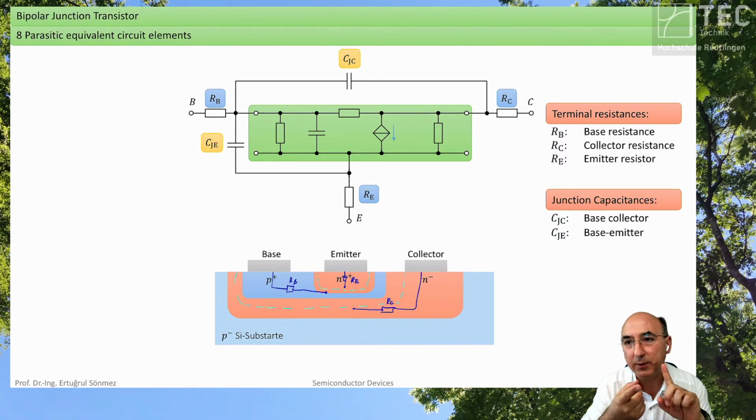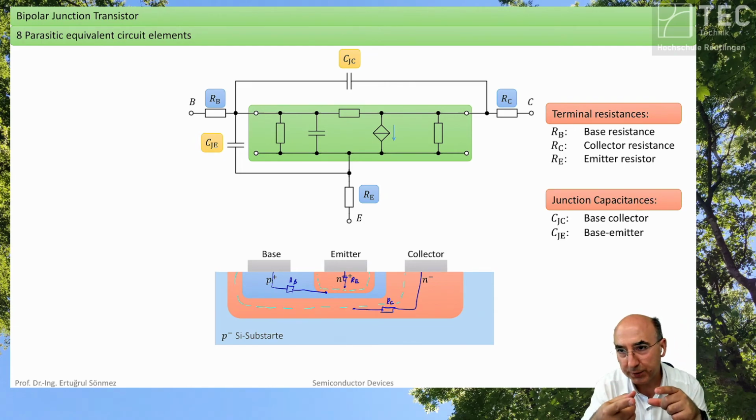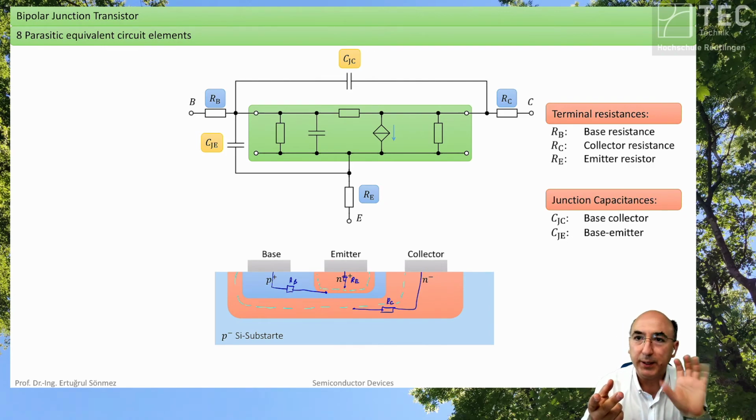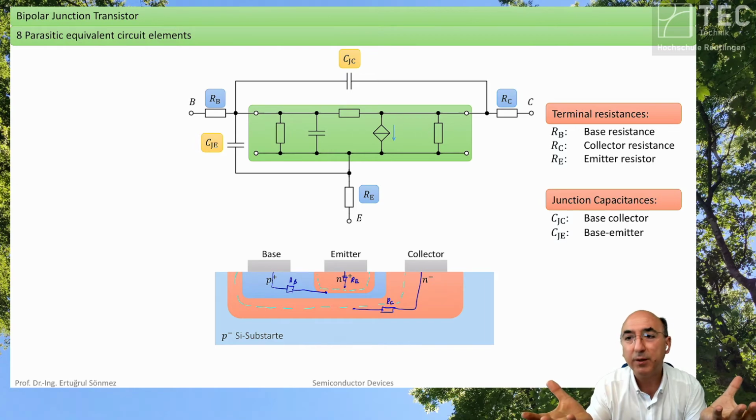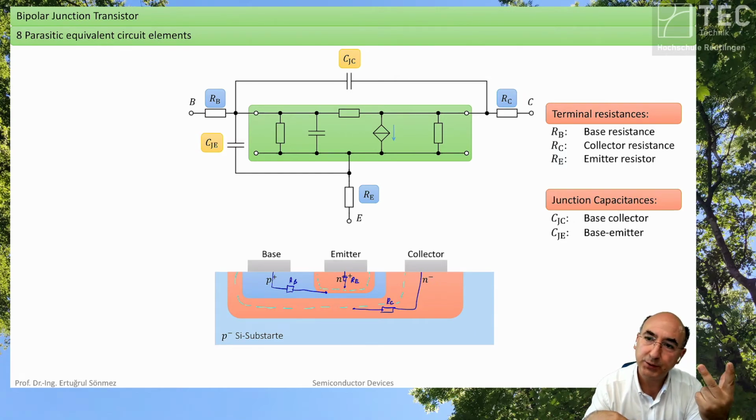So, beginning from the atom to the crystal, from the crystal to the movable charge, from the movable charge to the control of the movable charge. They are moved by diffusion and drift, and you can control it by doping: p doping with boron, 3 valence electrons, and n doping with phosphorus, 5 valence electrons.